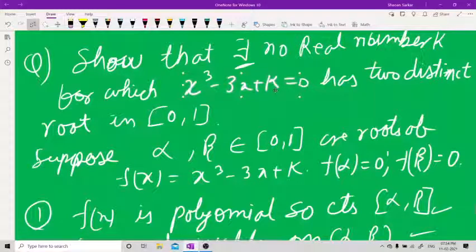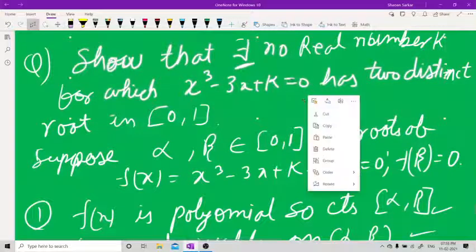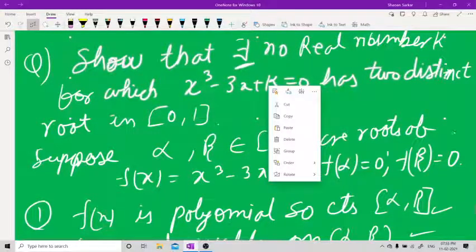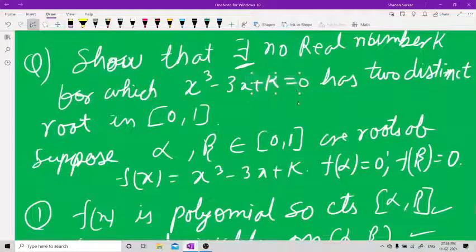For any value of k, I have to show that it has no distinct real roots. That's the main idea. किसी भी value of k के लिए मुझे दो distinct roots नहीं मिलेंगे. I will not get distinct roots for any value of k.